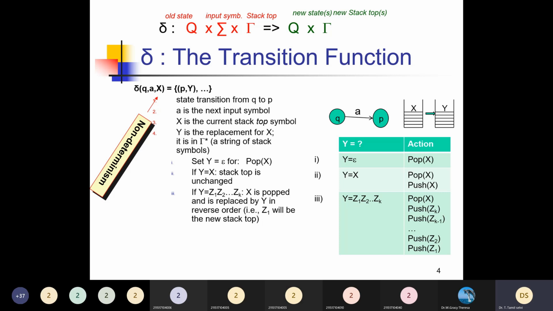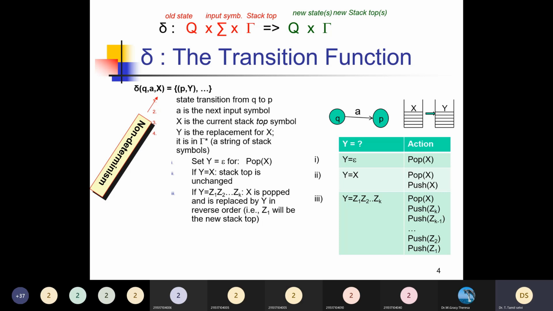So see here, an example transition: delta of small q comma a comma x. Here small q is the current state, a is the current input symbol, and x is the top of the stack symbol. You have to mention all these three parameters: current state, current input symbol, and top of the stack value.